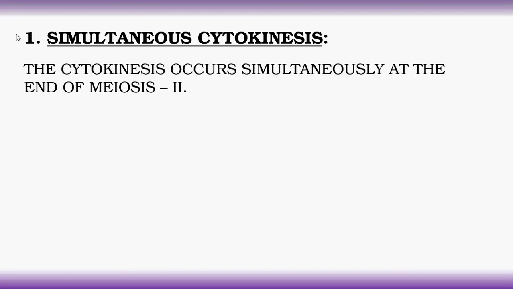Simultaneous cytokinesis: the cytokinesis occurs simultaneously at the end of meiosis 2. We all know that meiosis occurs in 2 phases, meiosis 1 and meiosis 2. Now this simultaneous cytokinesis occurs at the end of meiosis 2.